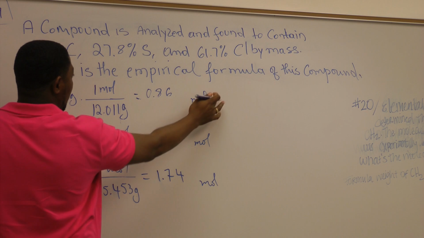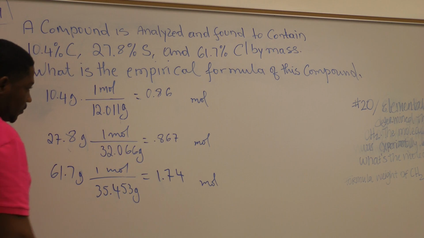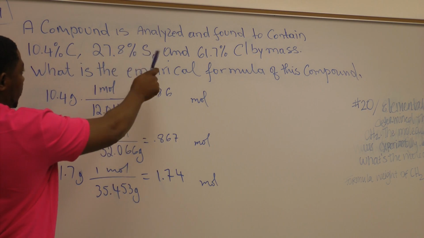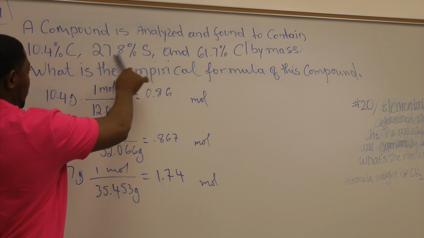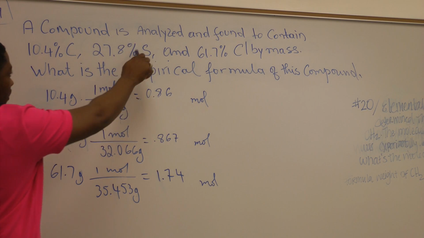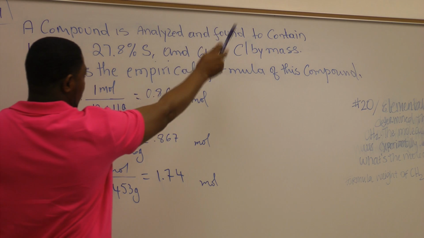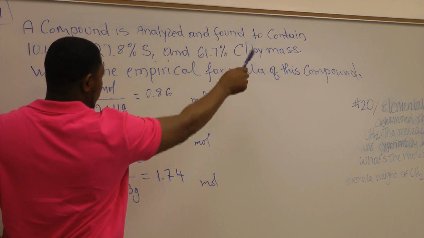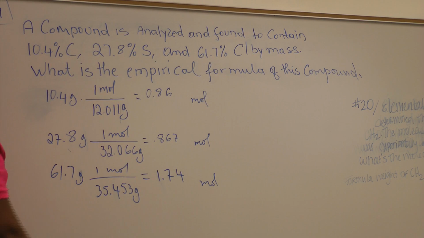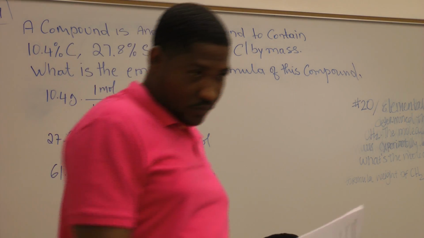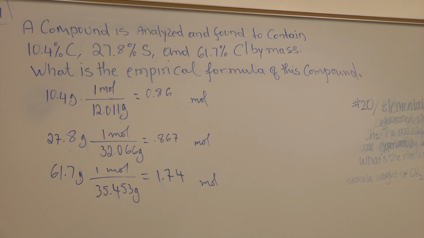This is the moles of carbon. You do the same thing for 27.8, and then for chlorine you do the same thing for those two. Any questions there? Awesome, friends, thank you. So the answer?